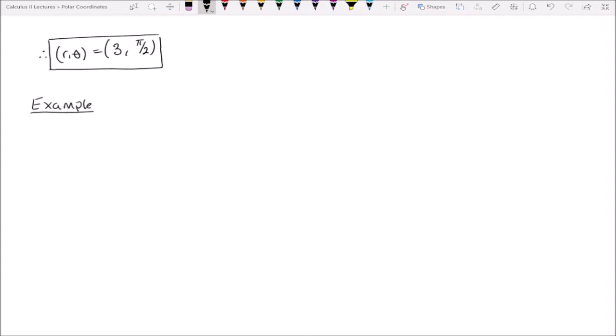Well, now let's take a look at the point 5 root 3, negative 5, and convert this into polar. Again, r squared is x squared plus y squared.